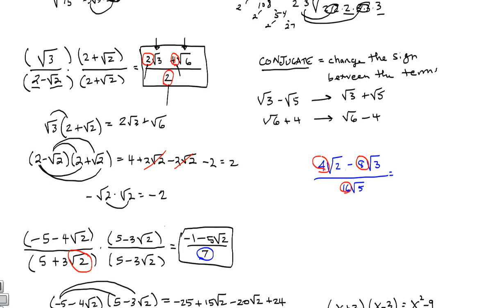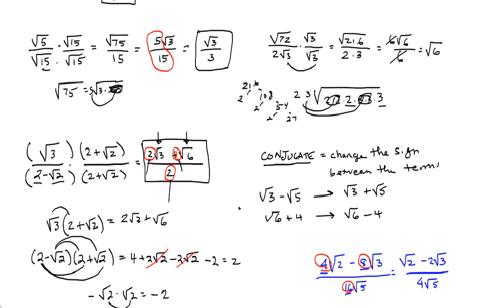So I could actually write the final answer as (√2 - 2√3) over 4√5. In other words, dividing each of them by that common factor. So again, make sure all of your radicals are simplified as much as they can be in your final answer, and reduce any whole number factors that might appear in your final answer. Okay? That's a lot for a whole video, but that's what you do when you divide fractions.